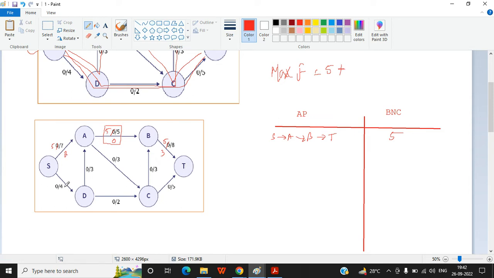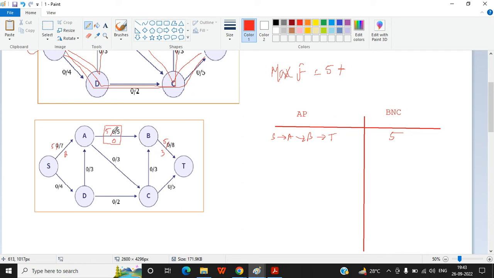Now we have to consider another augmenting path which is not through A to B. Means we have to consider another augmenting path which does not include A to B, because its flow has become 0.